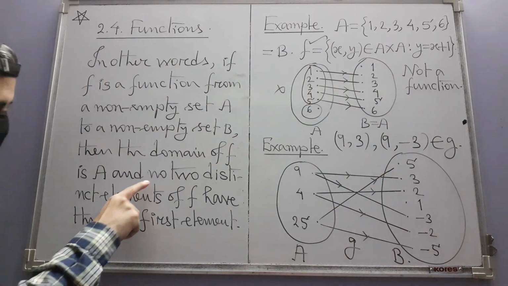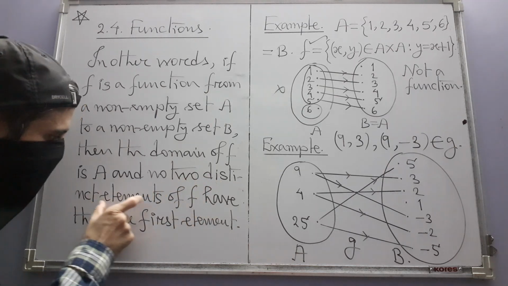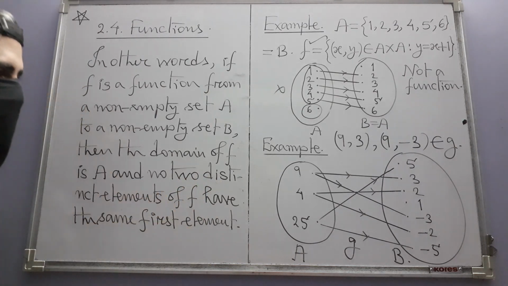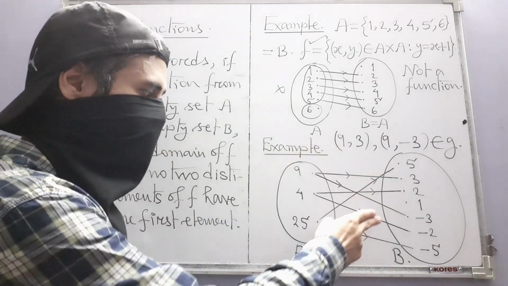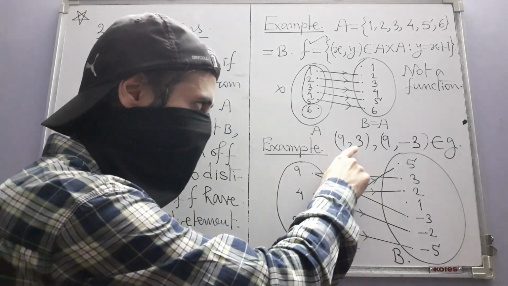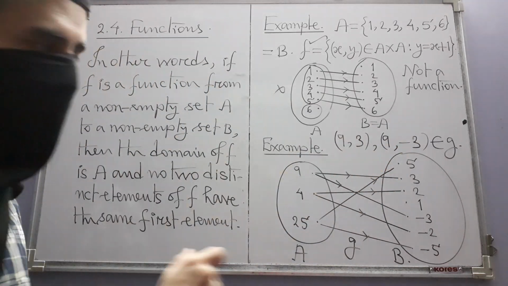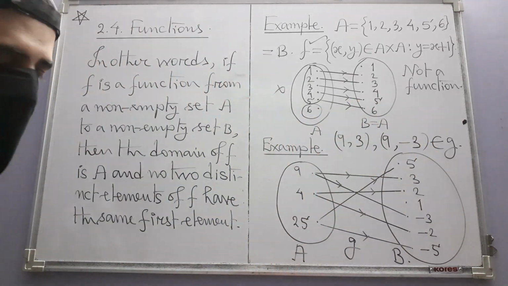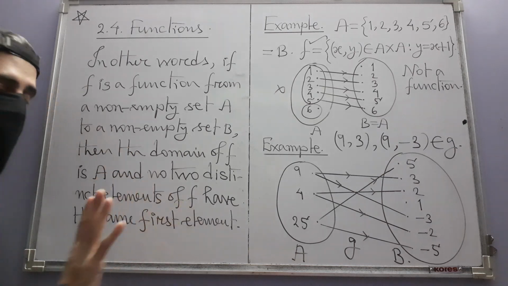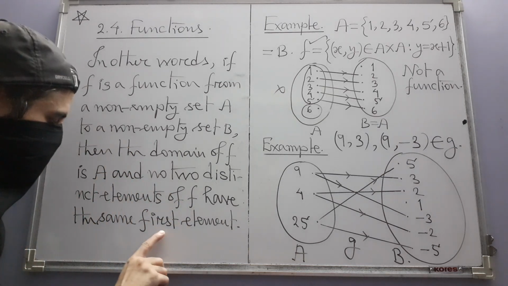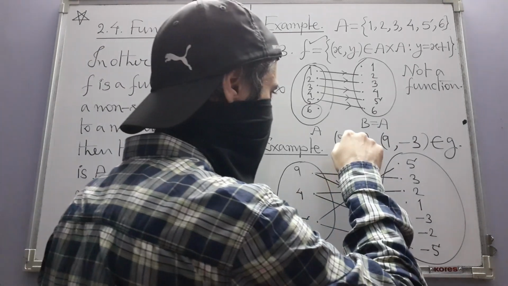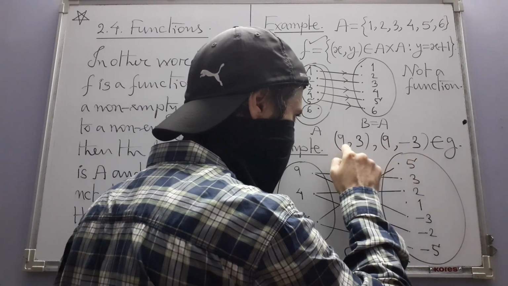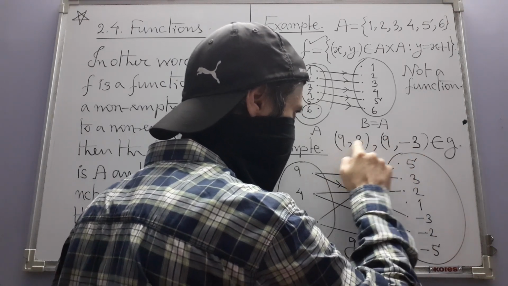What is the requirement here? No two distinct elements of the function have the same first element. Here, however, for G, we are looking at two distinct elements. (9, 3) is one element, (9, -3) is another element. Such elements should not exist because although these are distinct elements, they have the same first element, 9.